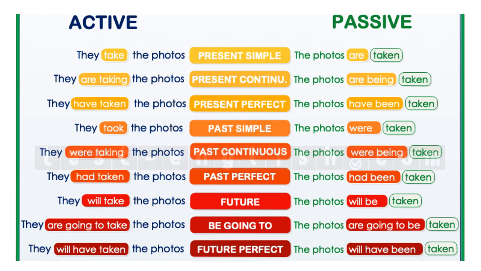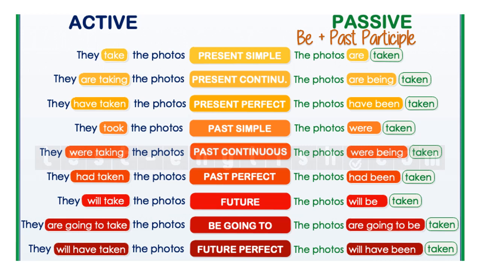Remember, what is the formula for the active and the passive voice? The difference is writing be plus the past participle. In this example, we are using the same sentence for all the tenses. There's a simple present and present continuous.